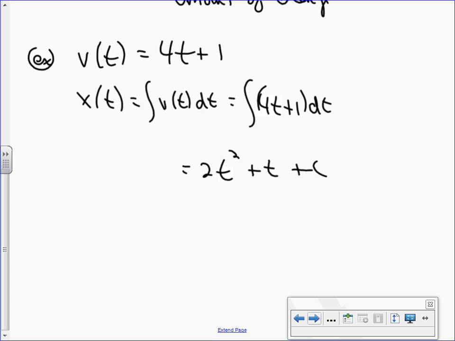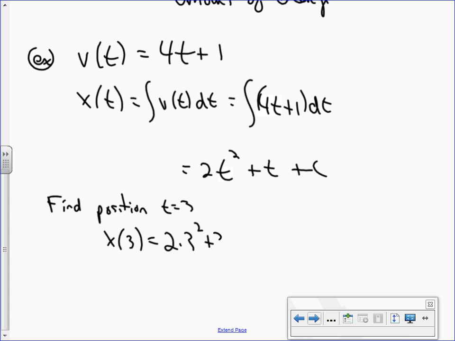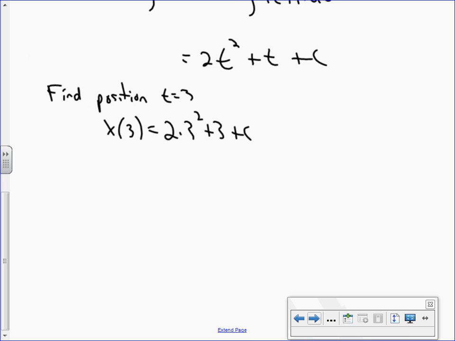And then if I said find the position at time 3, that's x of 3, which is plugging in 3, which gives me 21 plus some unknown constant.